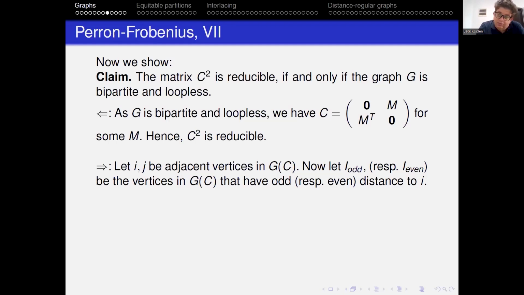You have to be careful: that means really the length of the shortest path between the two. So a vertex still has distance 0 with itself. Then it's easy, and you can remove the loops if necessary.